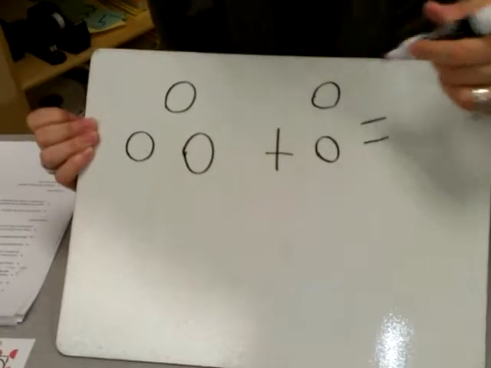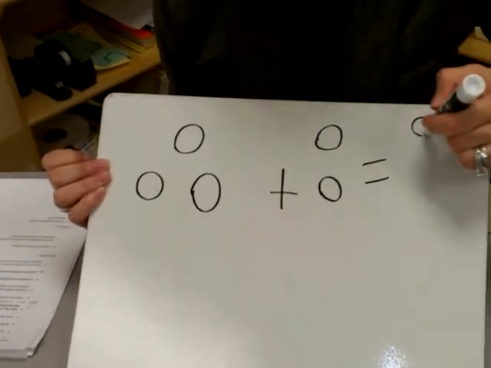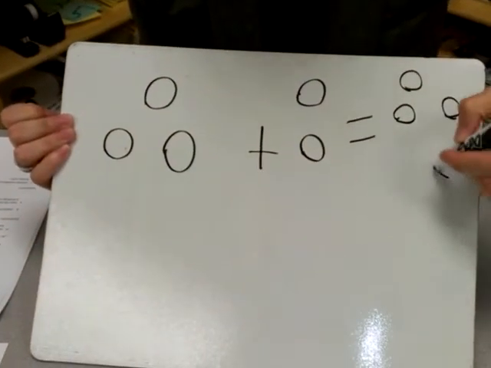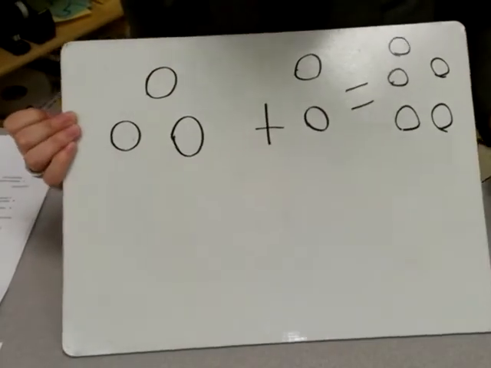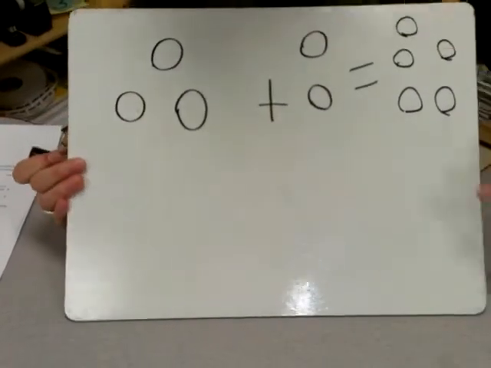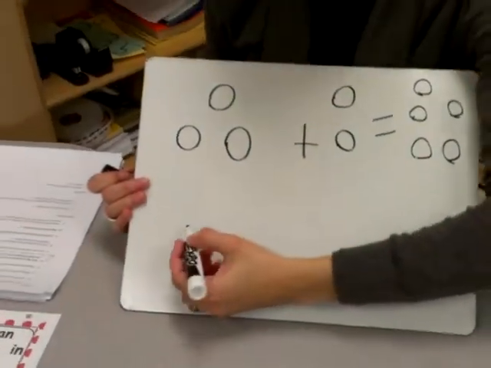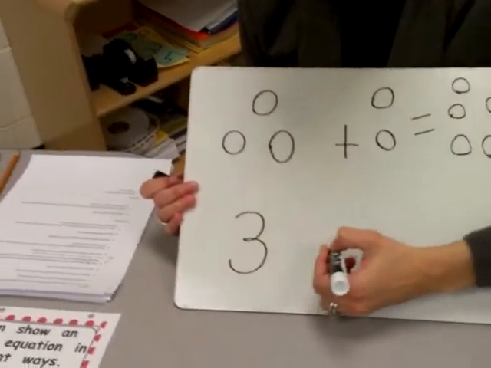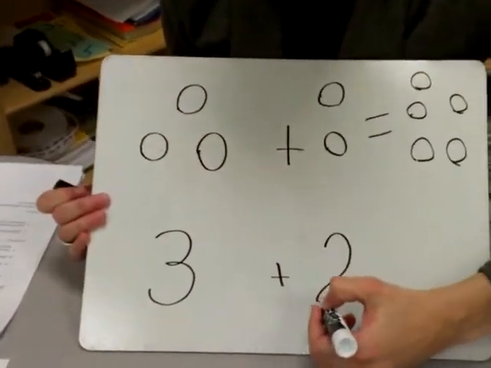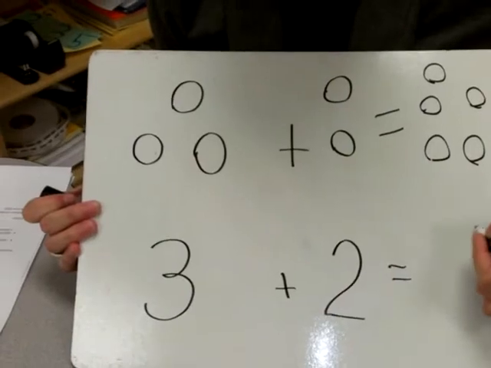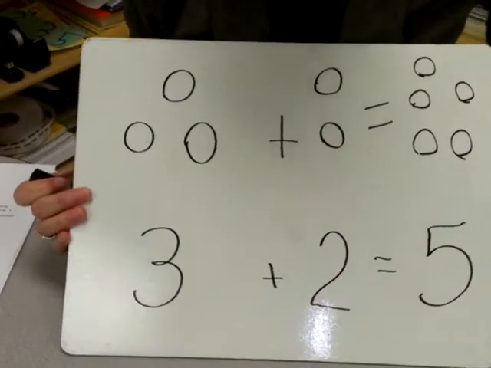When I add 3 plus 2, I get 5. So 1, 2, 3, 4, 5. Then at the bottom, I need you to write me the numbers. See, these are pictures, so I want you to write the numbers at the bottom. So I will write 3 plus 2 equals 5.